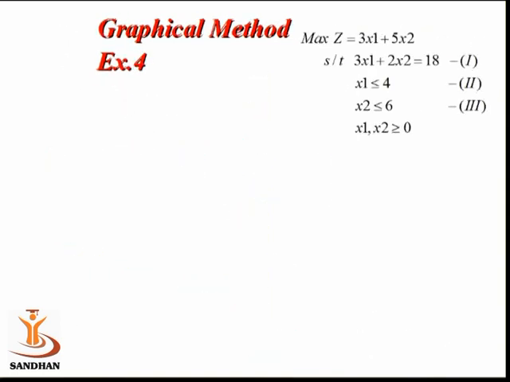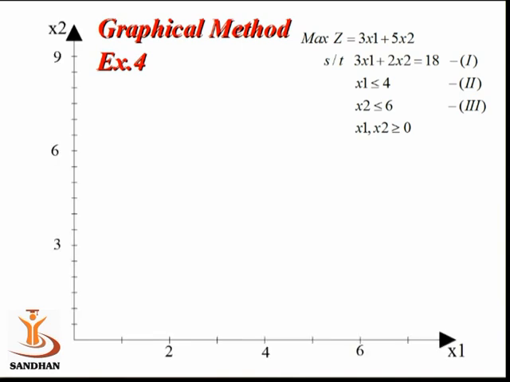Another example, let us take, in equation 1, in place of less or equal to, greater or equal to, equality. So let us see how the problem will be. Friends, on similar lines, first of all we have to find the feasible region defined by equations 1, 2 and 3.